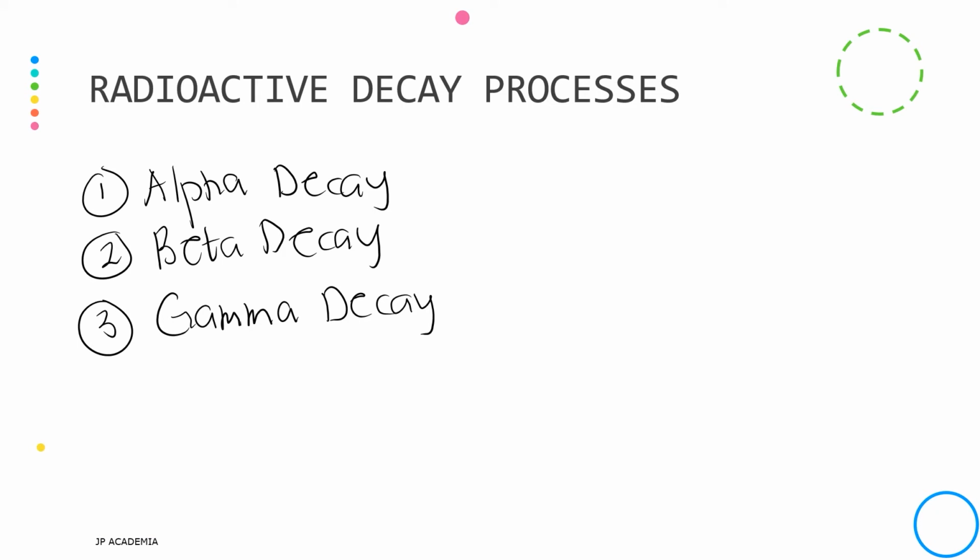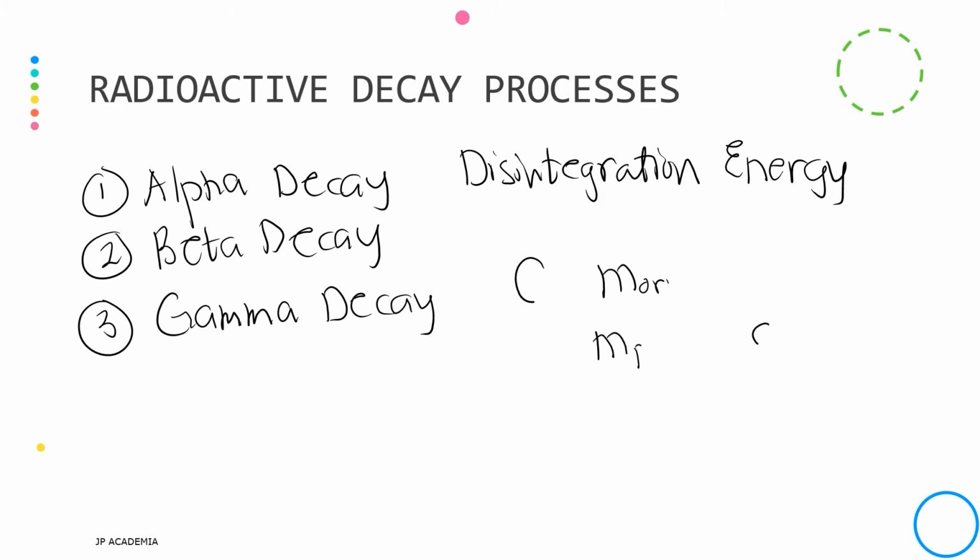The mass of the reaction products should be less than the mass of the original isotope. We now define the disintegration energy Q. This is the difference between the rest mass of the original minus the products, as shown in this equation.